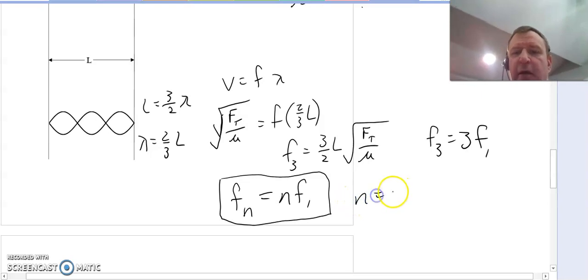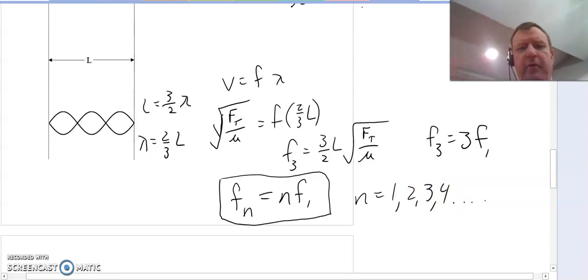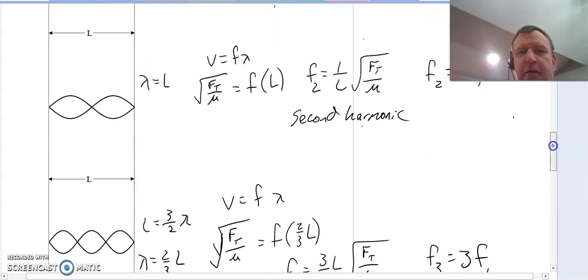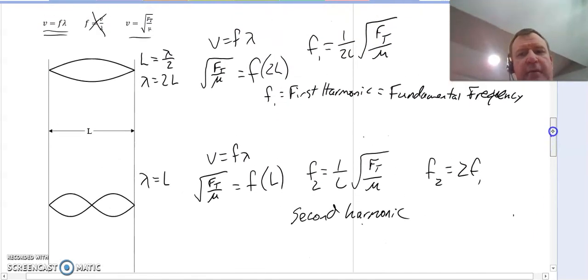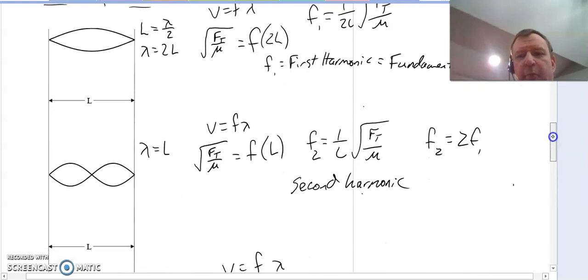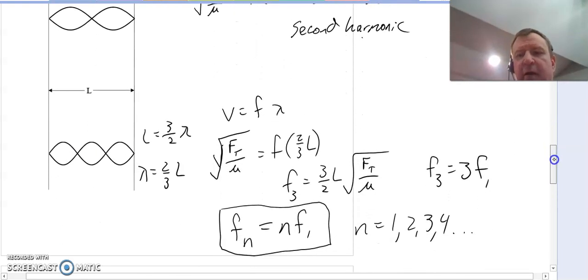Now n is a whole number, those counting numbers. Is that integers or whole numbers? I get them confused, but anyway, it wouldn't make sense to be a negative. So that's the general idea behind it. You saw in the videos that this is the pattern we should see, multiples of that first harmonic.